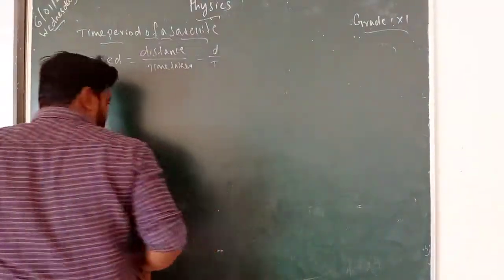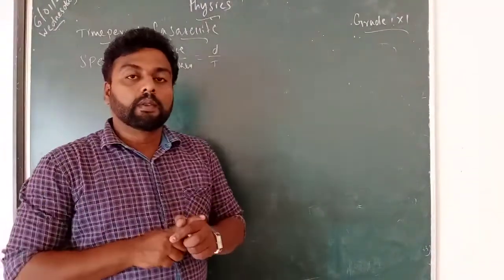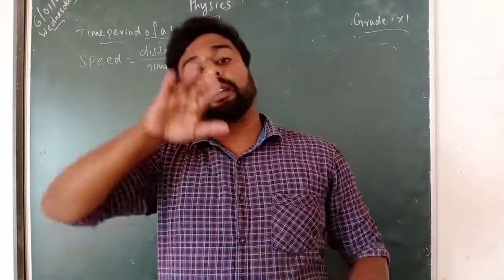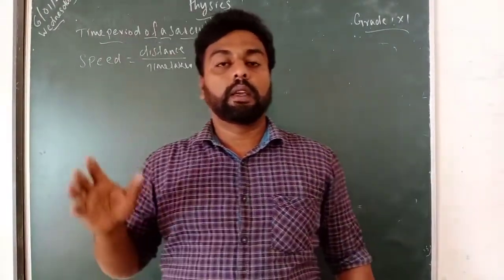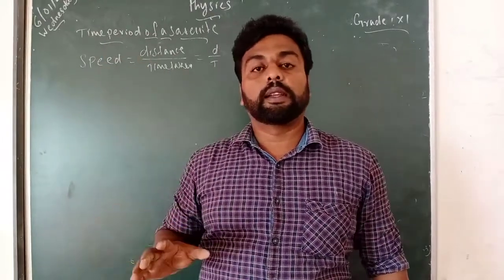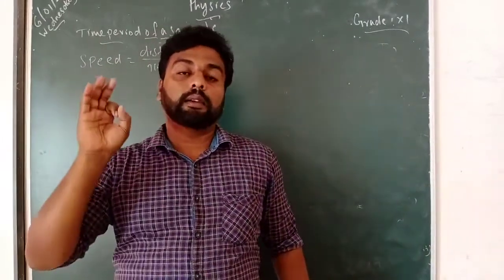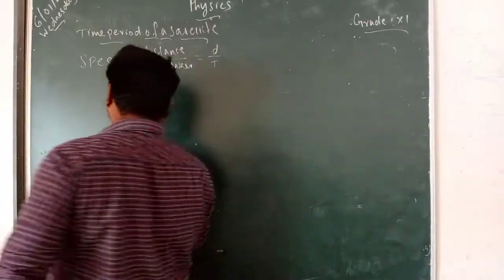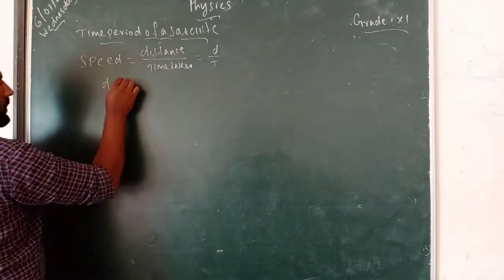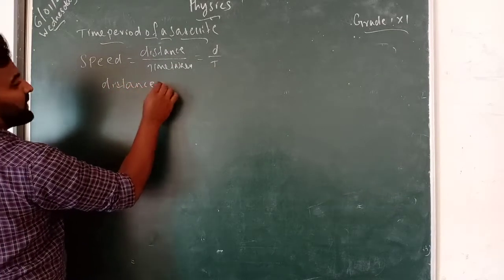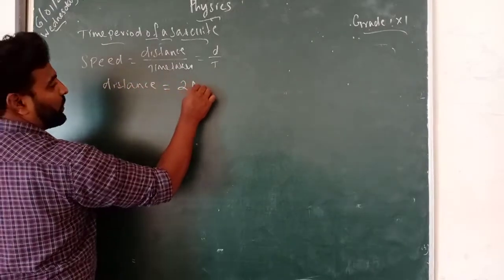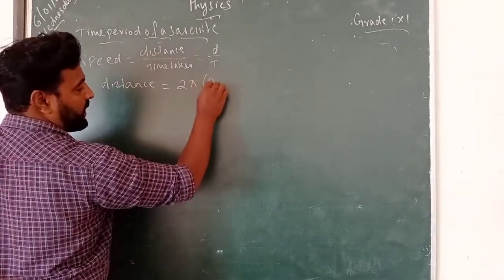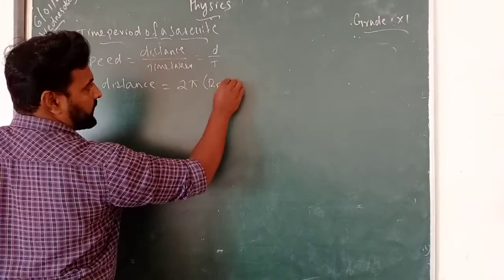So we know the distance. How much distance is traveled by this satellite in one full rotation? We know the circumference of a circle is 2 pi r, and the circumference is equal to one rotation. So the distance we can take is 2 pi r, here r is R_E plus h.